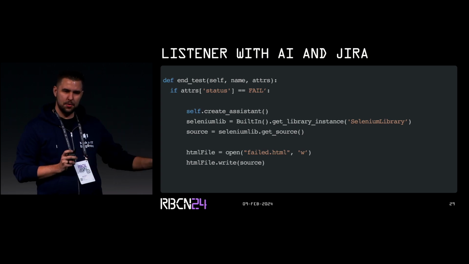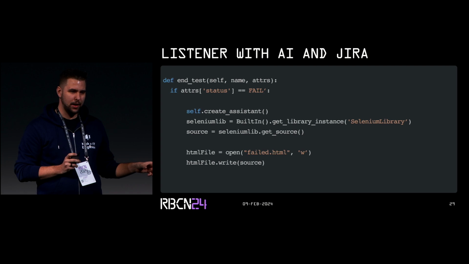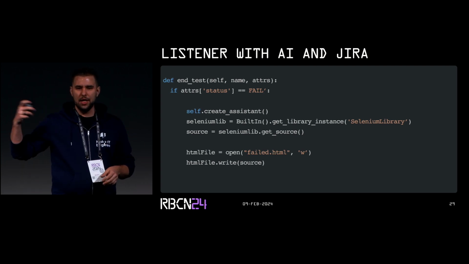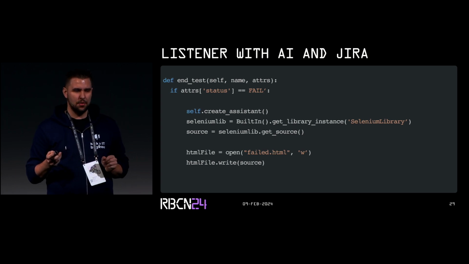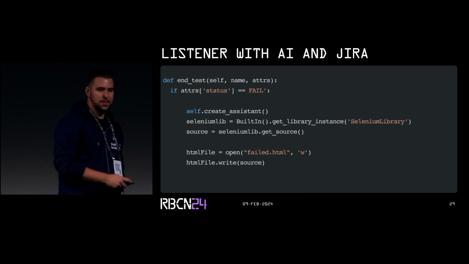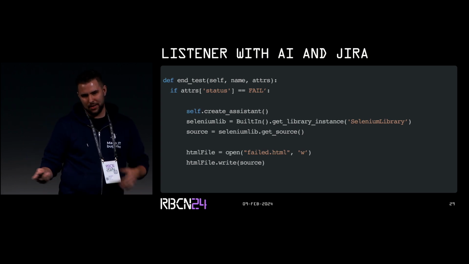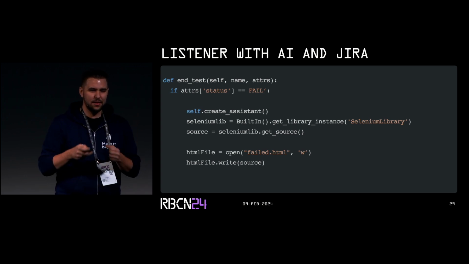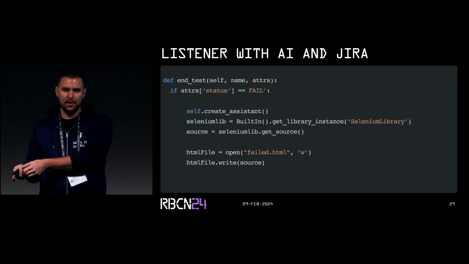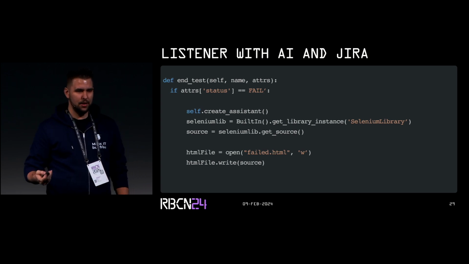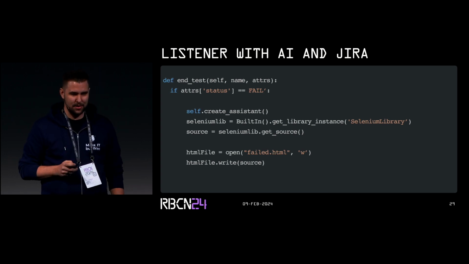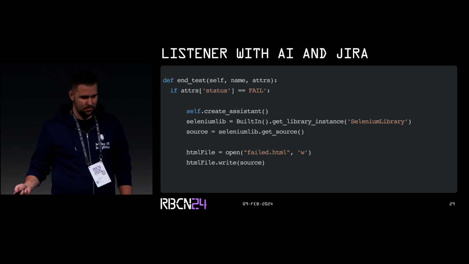We source the Selenium library that is running because the test is still open, so the HTML where it failed is also open. We get the source, put it into a file, and like we saw before, feed the file to ChatGPT with that error message, which was, for example, a failed locator because it couldn't find it. So ChatGPT can offer us how we can do the maintenance. How can we fix it?